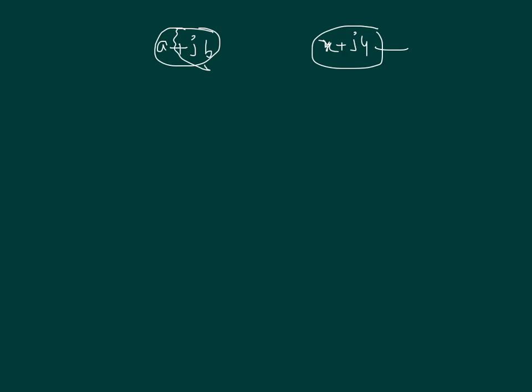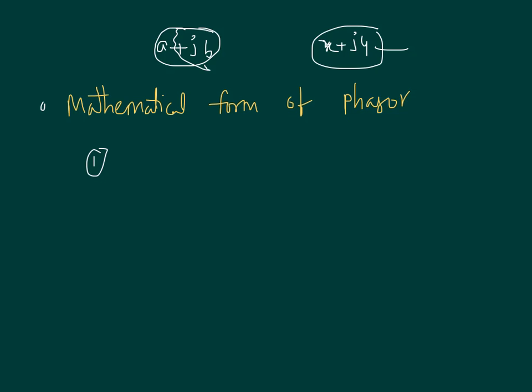Now, the mathematical form of a phasor. In how many ways can we represent a phasor? First one, rectangular form, which I already explained. Rectangular means in the form of x plus jy.